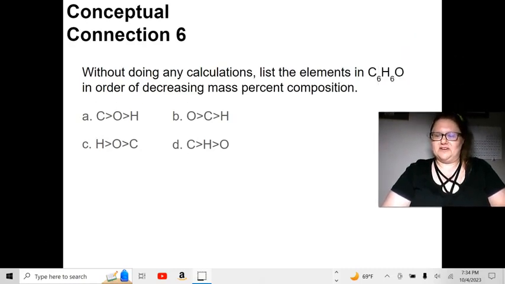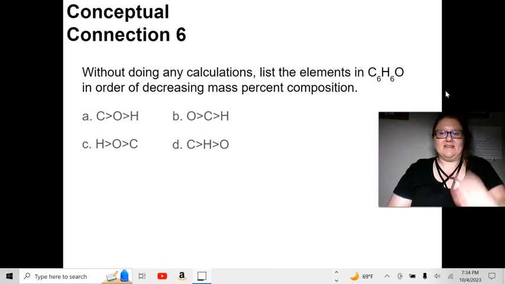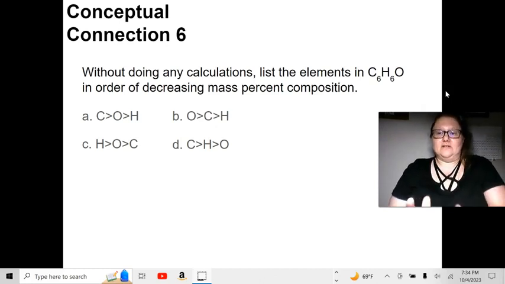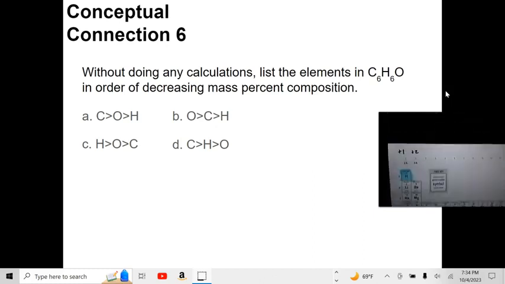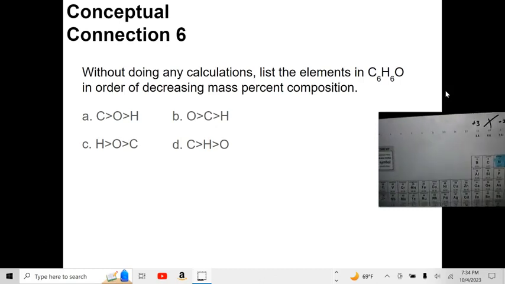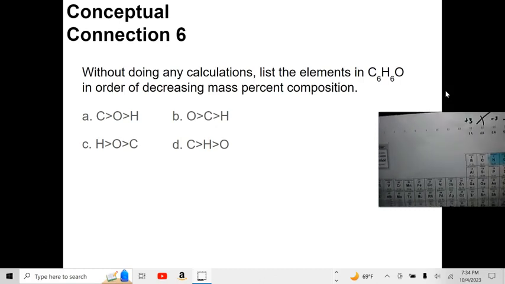Okay. Without doing the calculations, take a look at this formula. Let me move my picture. C6H6O. Put the elements in decreasing order, so starting the highest, going to the lowest, mass percent composition. So what that means is look at the formula C6H6 and O. Consider the masses for each of these elements on the periodic table.